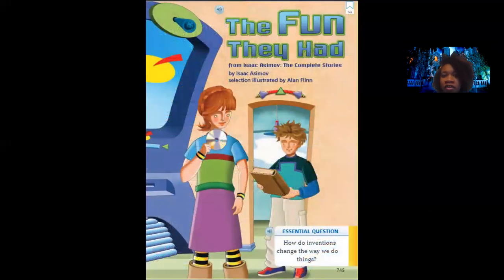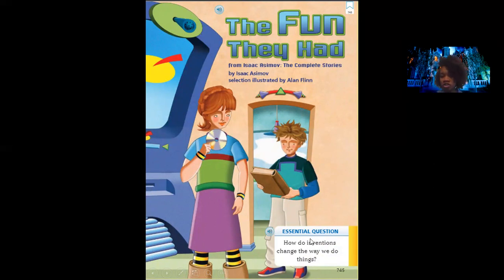So, The Fun They Had from Isaac Asimov, The Complete Stories by Isaac Asimov, selection illustrated by Alan Flynn. If you notice, because we should look at our text features, we automatically have a picture, and you can see this looks like a big screen of some sort, and she has a disc, so we can assume that this disc is probably going to go into that slot there.